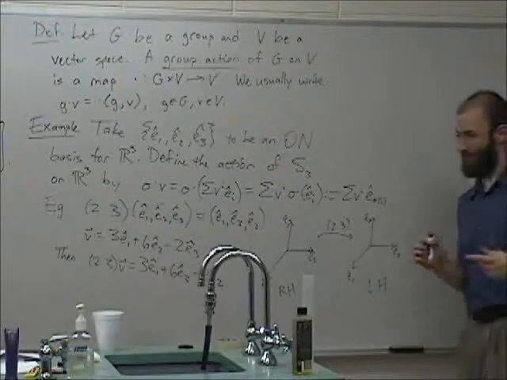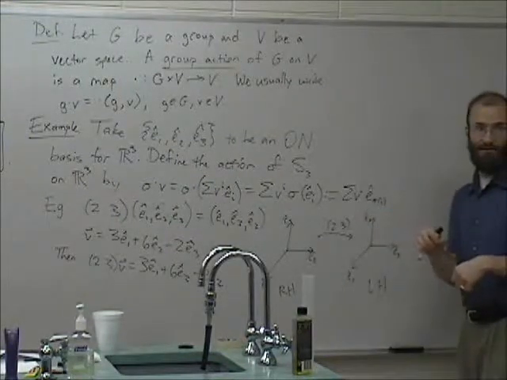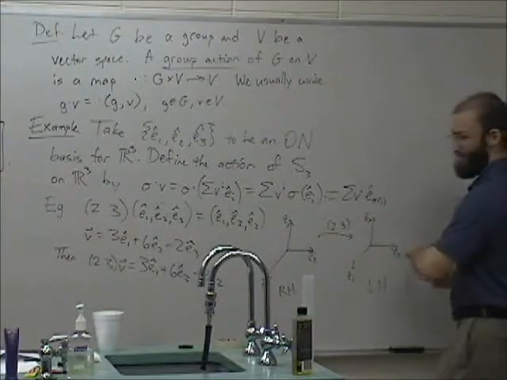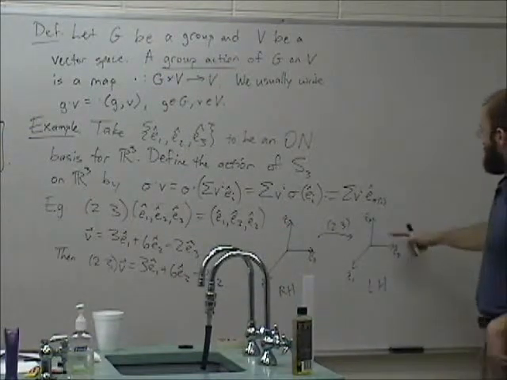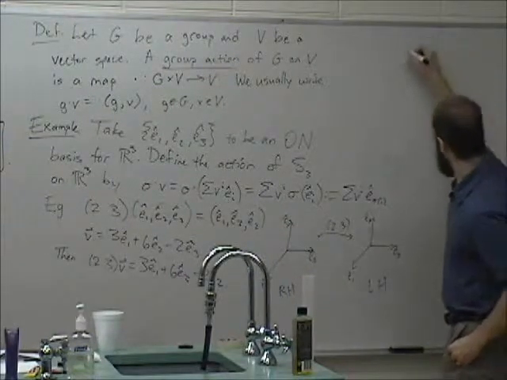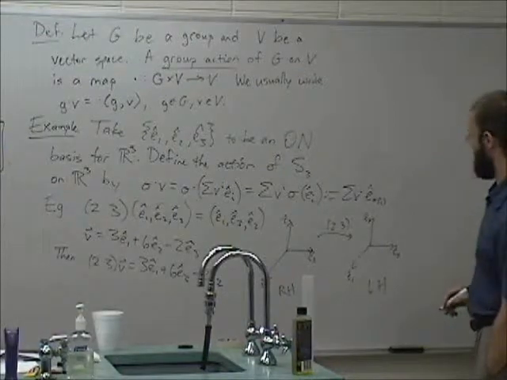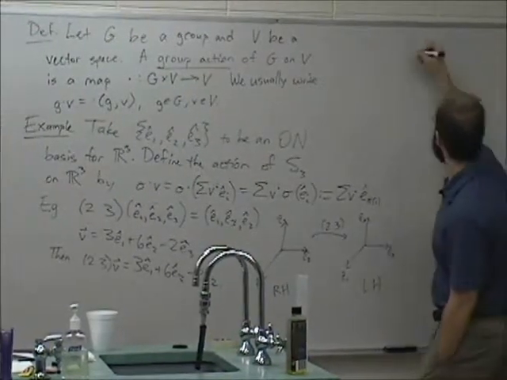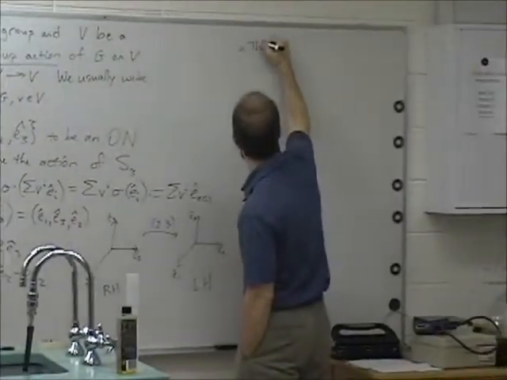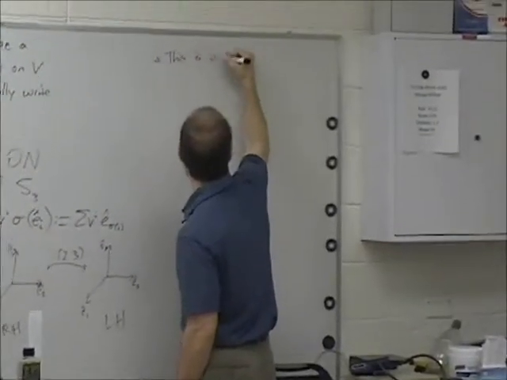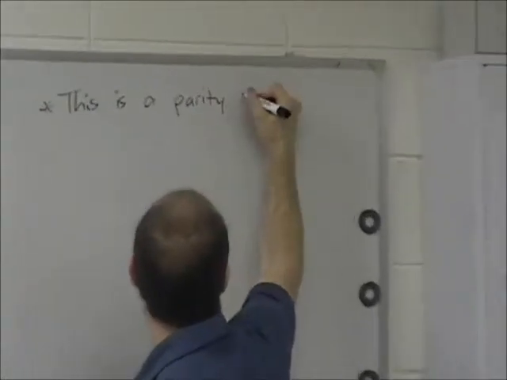Physicists do it in a kind of weird way. They invert all the axes by taking x to minus x. Well, this is another way to do it, and I think it's easier to really apply. So this is a parity transformation.